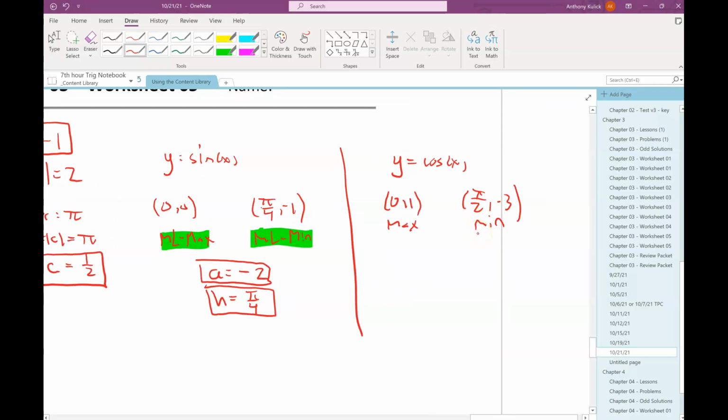So what can we say about a? Well, since they're not the same type, it's negative still. Yep. And the h is pi over 2. Yep.